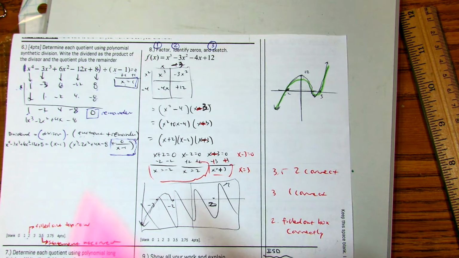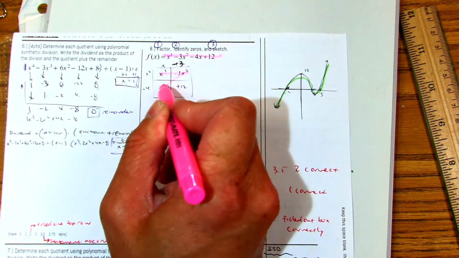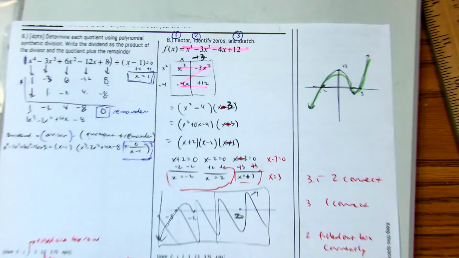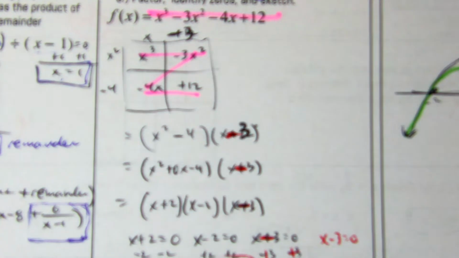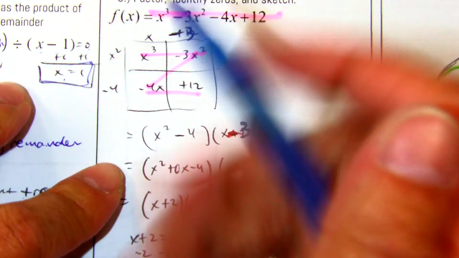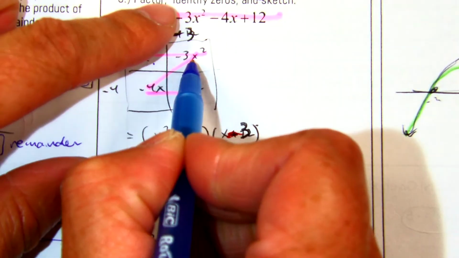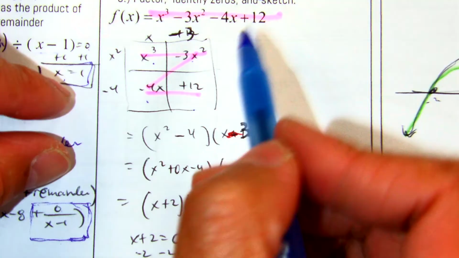X cubed minus 3x squared minus 4x plus 12. And then I'm just going to pull out the greatest common factor.